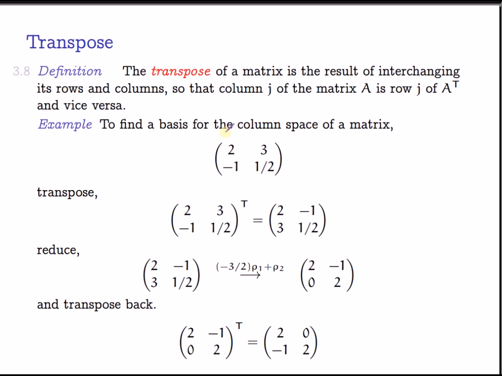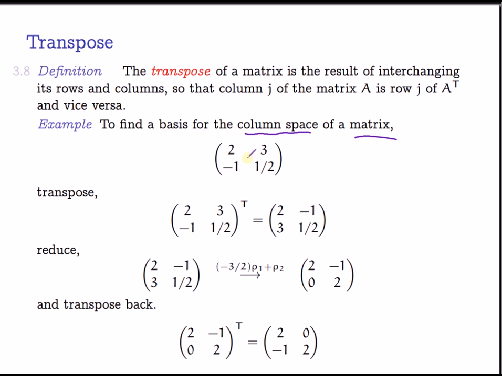Okay, so if I want to find a basis for the column space of this matrix, now remember that's important because that will give me the set of vectors for which I can find a solution to the inhomogeneous equation. Now I know how to find the basis of a row space, so I'm going to turn the columns of this into rows of another matrix.